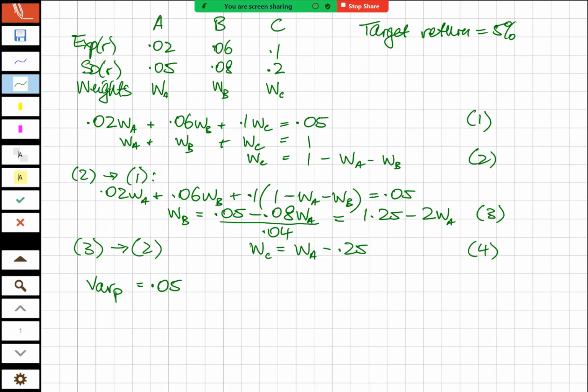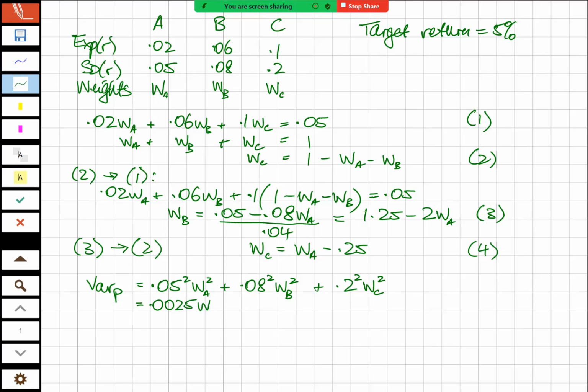For A, 0.05 squared, multiplied by the square of the proportion in asset A. Then we'll have the standard deviation for B squared times the square of the proportion in asset B, and similarly the standard deviation for C squared times the square of the proportion in asset C. Then we put in the expressions we have for WB and WC, calculating the numbers at the same time.